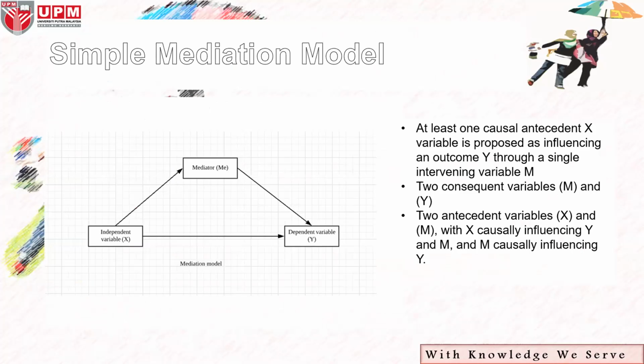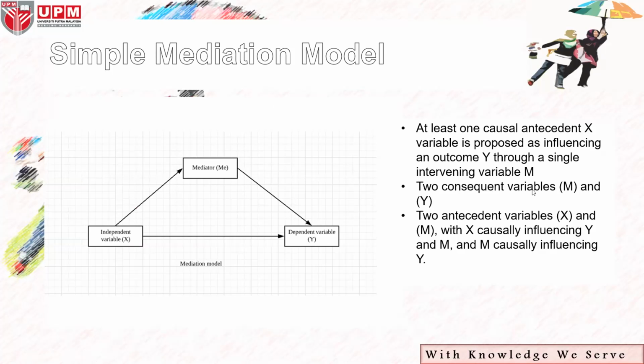So this is the illustration of the simple mediation model. We have our IV, we have the mediator, we have the DV. So the arrow ni comes from two ways: either directly from IV to DV or through the mediator. At least one causal antecedent X variable is proposed as influencing an outcome Y through a single intervening variable M. So M ni is considered to be the intervening variable.